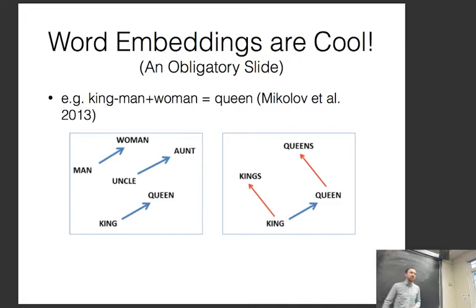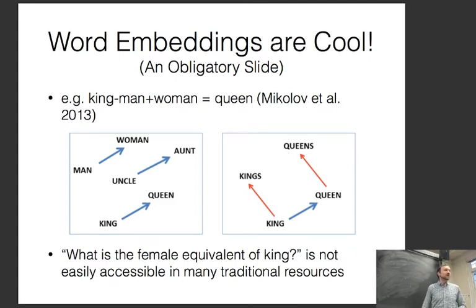So you can get the plural of things, or you might be able to get female versions of other things. And you might be tired of seeing this, but this is a really big thing, actually. This is something that you couldn't get from WordNet. Like, what is the female version of king is not included in WordNet. So I think this is what makes these really exciting, I guess.